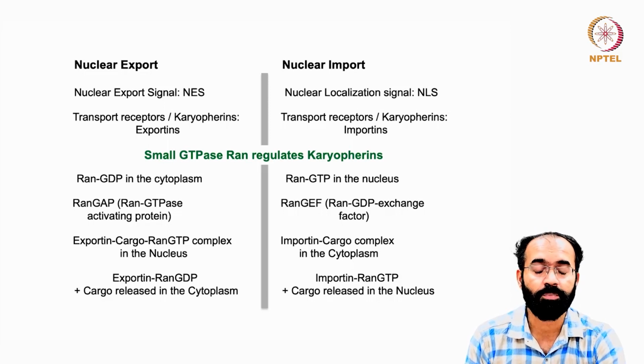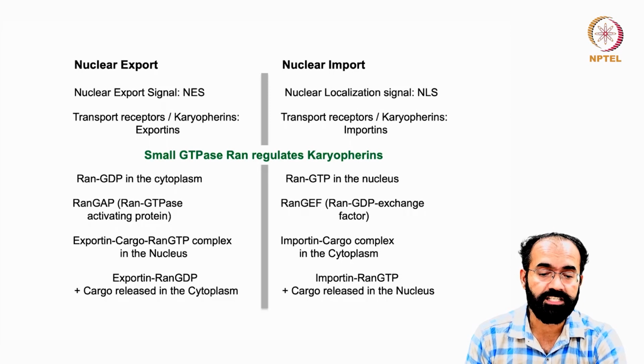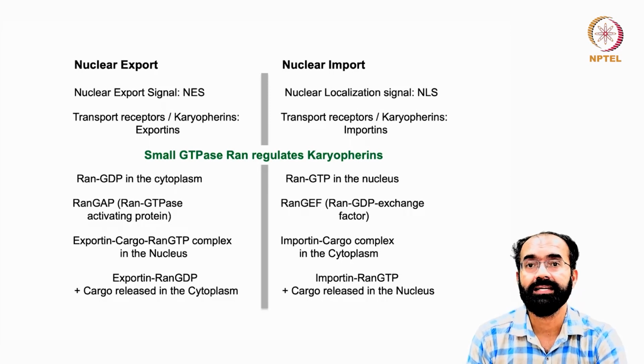So the nuclear export signal is written as NES and the nuclear import signal is NLS, and the transport receptors are karyopherins, namely exportins and importins, and they both utilize the small GTPase RAN, which regulates the karyopherins, and we will see how RAN is cycled more effectively.